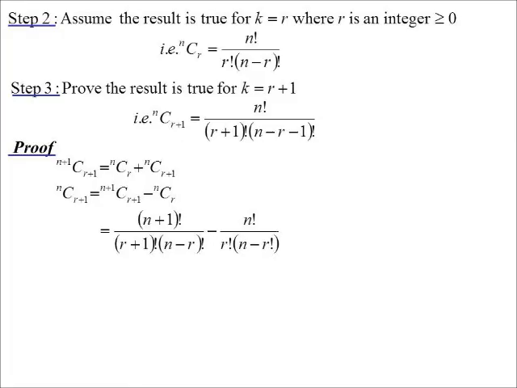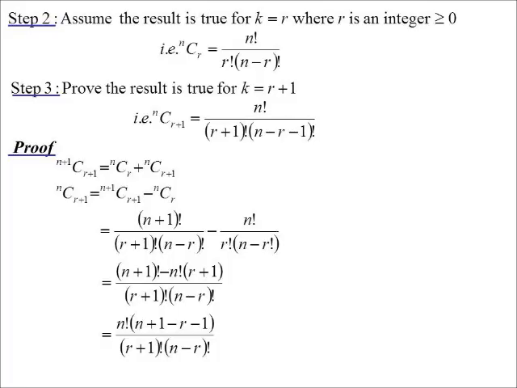Now for (n+1)C(r+1), it's the same assumption. So (n+1) factorial over (r+1) factorial, (n minus r) factorial. It's just that instead of n, I've got n plus 1. Playing with that, we get a common denominator, (r+1) factorial, (n minus r) factorial.